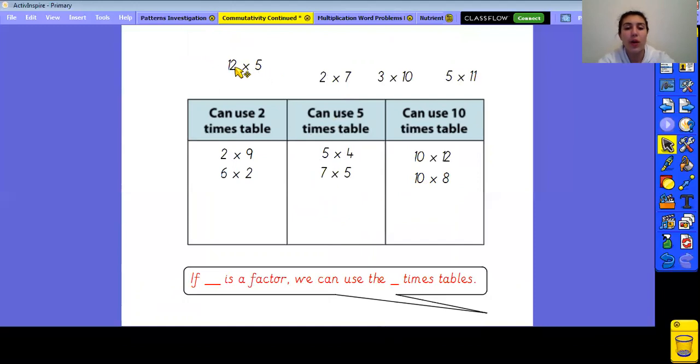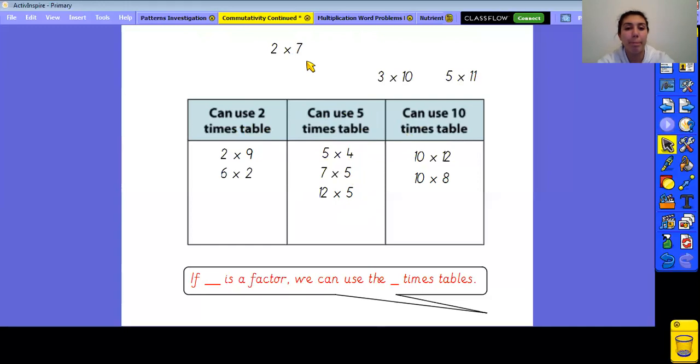What about this one then? 12 times 5. Which times tables would I need to use to help me? Perfect. I'd need to use my 5 times tables because 5 is a factor. So when 5 is a factor, it doesn't matter whether I've got 5 equal groups or whether I've got 5 objects inside each group, I can still use my 5 times tables to help me.